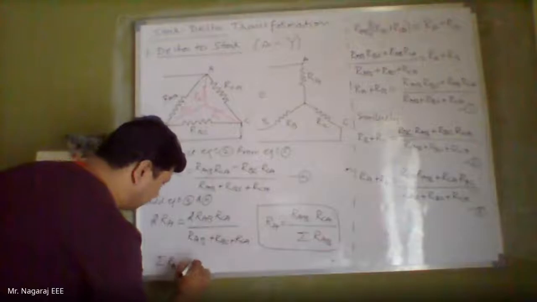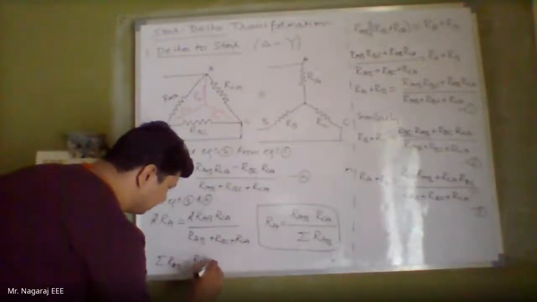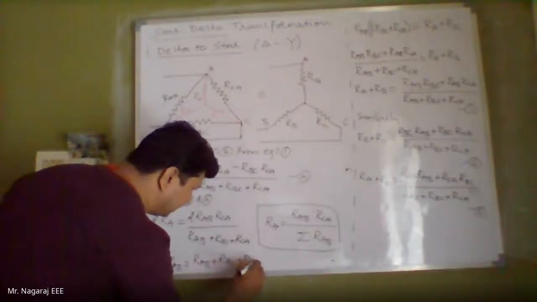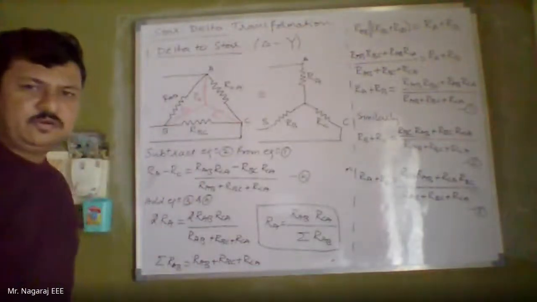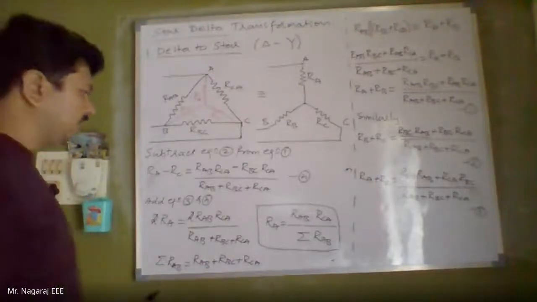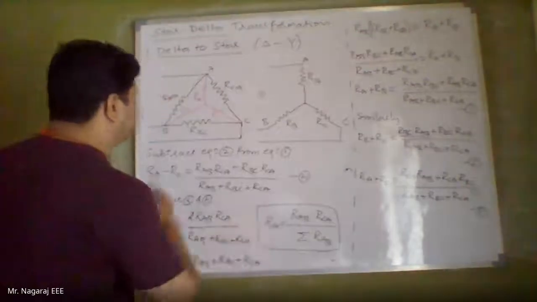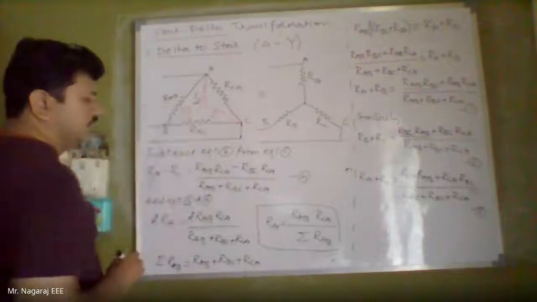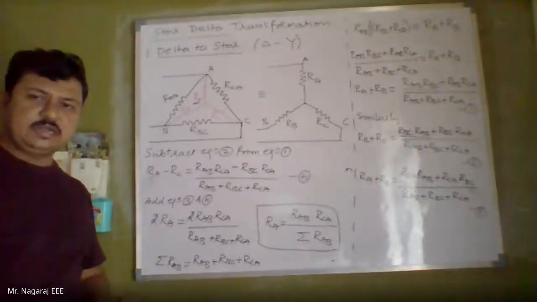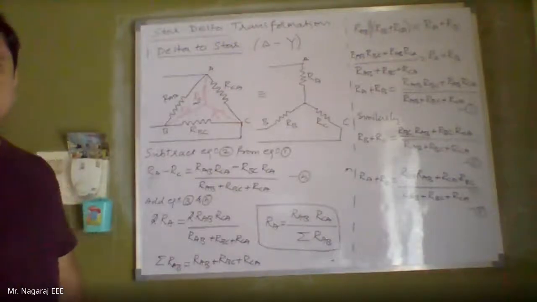Summation RAB is RAB plus RBC plus RCA. It is simply the sum of all the three resistances connected in delta. Now if you observe, the resistance RA is equal to the product of two resistances in delta divided by the sum of all the resistances in delta.